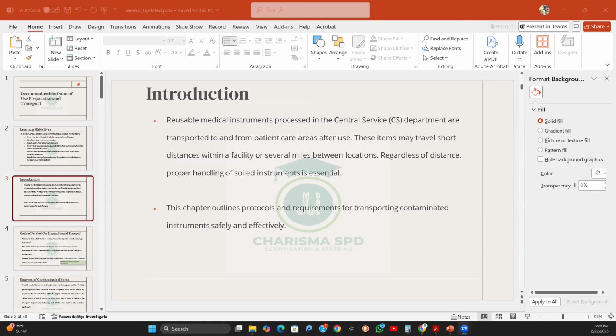Instruments get processed by central sterile technicians. They get used by the OR, or the operating room department. And once they get used, like we all said, they become what? Contaminated.